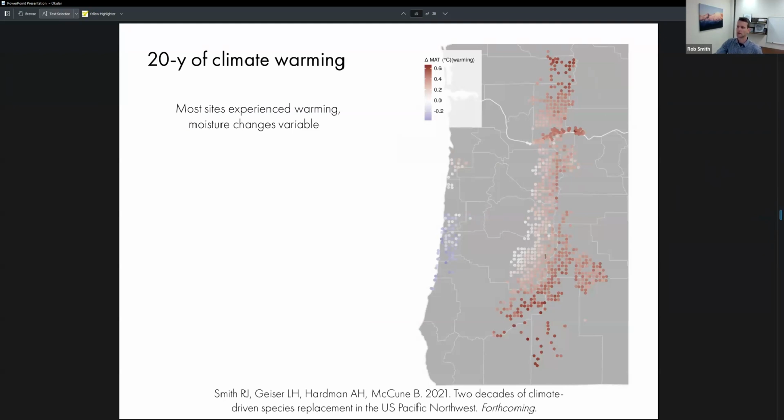The color scale here: hotter colors equal hotter warming, cooler colors indicate that the site cooled over time. Most of those sites did experience actual climate warming. So the question becomes, what happened to the lichen communities at those same sites?